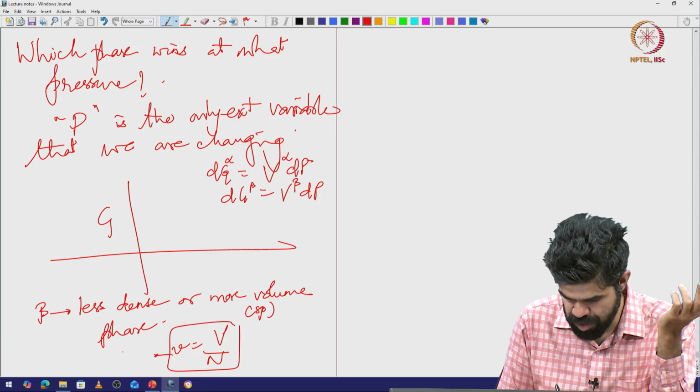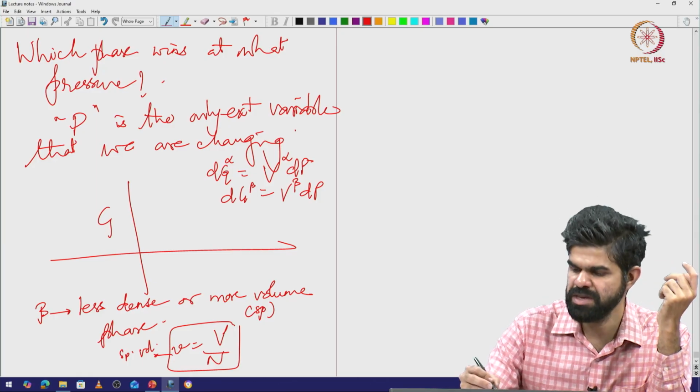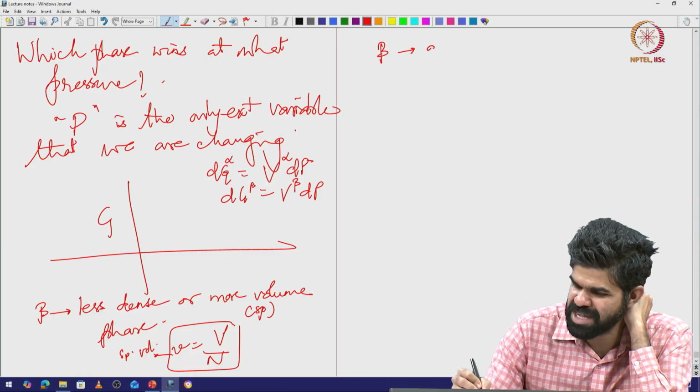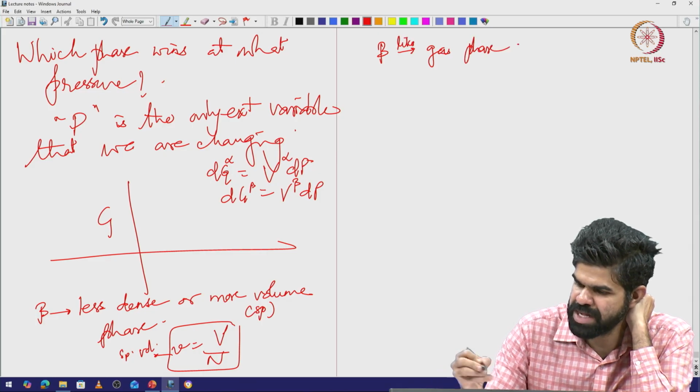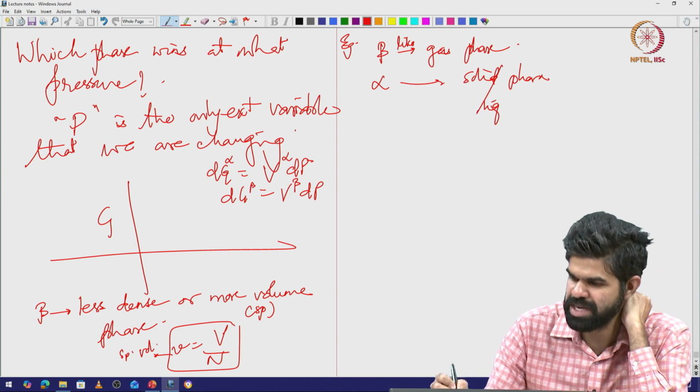This is specific volume, and specific volume of beta phase is larger, which means you can assume that beta is like a gas phase, for example, and alpha is like a solid phase or a liquid phase, right?